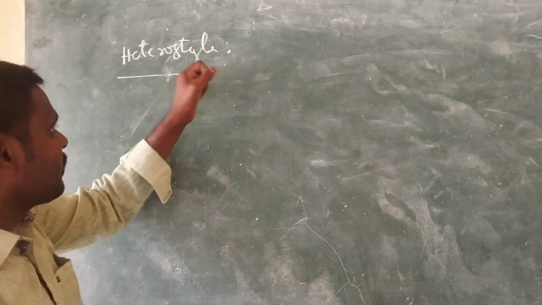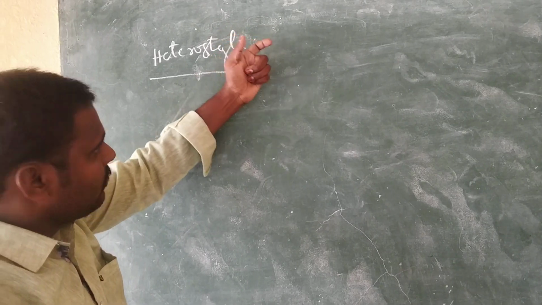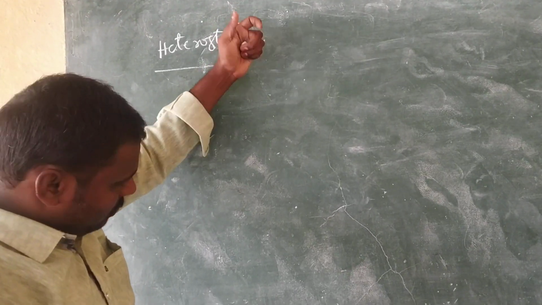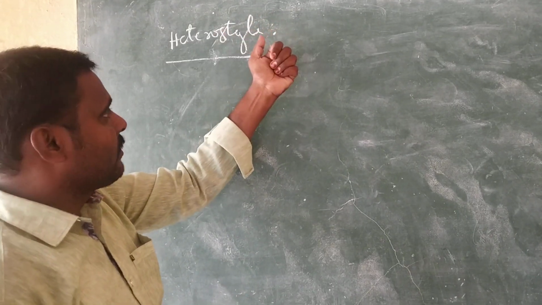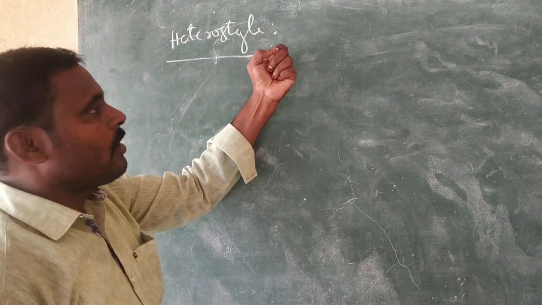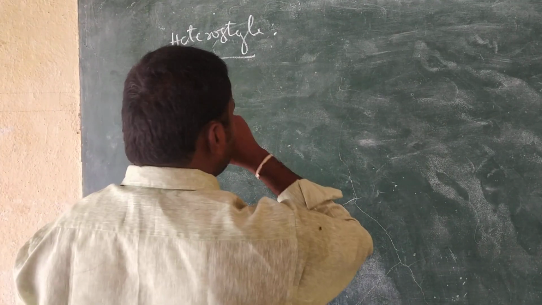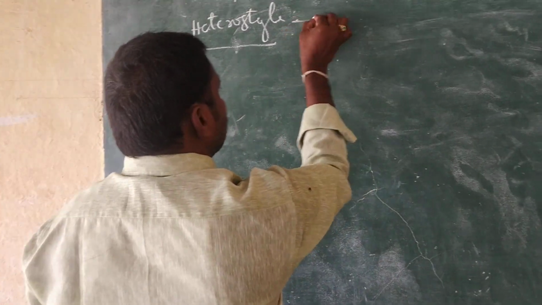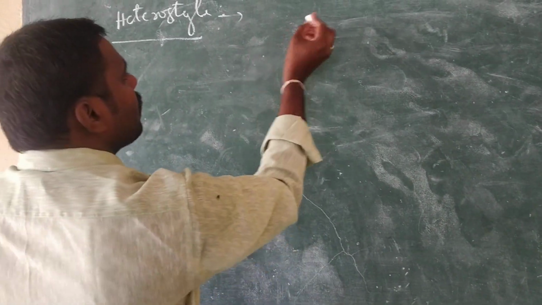Heterostyly. The name itself indicates that hetero means different styles. In some plants, the flower shows different styles and different stamens. At the beginning of this chapter, we discussed that the length and the number of stamens are not uniform, and in this condition also, some plants show different heights of the styles and different heights of the stamens.